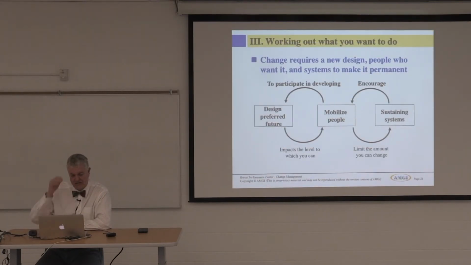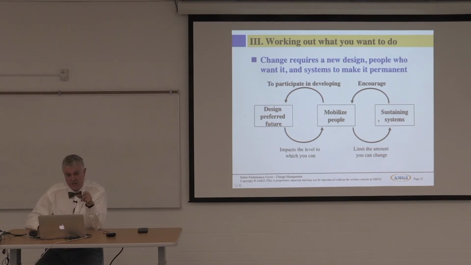I'll just give another section here. Change requires a new design, people who want it, and systems to make it permanent. So you design the preferred future, you mobilize the people, and then you sustain the systems. This impacts the level to which you can mobilize them, and encourage, and you limit the amount you can change. And it's a closed loop.